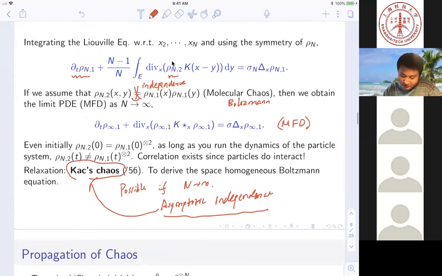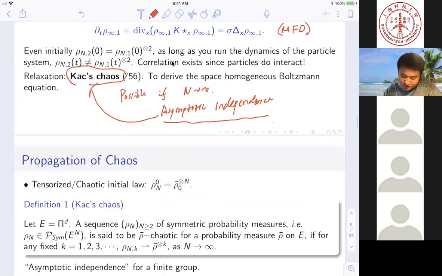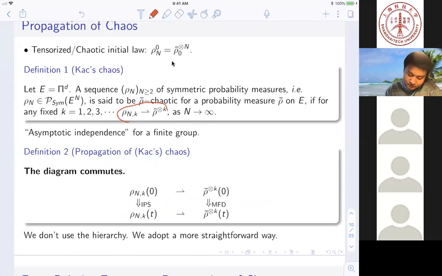As I said, let me show you this page. This is the Kac scaling. If you fix k, the k-marginal, and send n to infinity, you have asymptotic independence. This is a classical result and very easy to show.